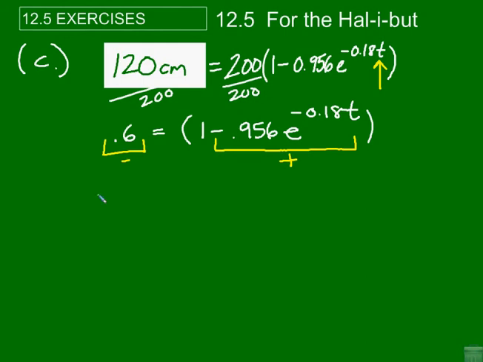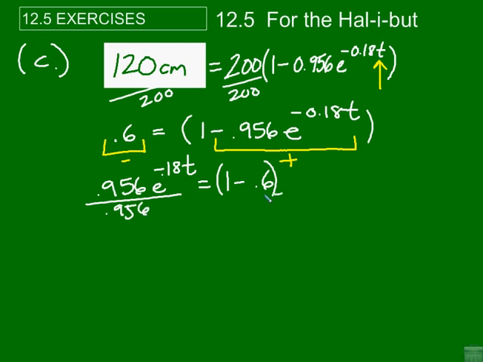So I'm going to have 0.956 e to the negative 0.18 t equals 1 minus 0.6, or 0.4. If I then divide both sides by 0.956, I'm left with e to the negative 0.18 t equals, and 0.4 divided by 0.956 is 0.418.